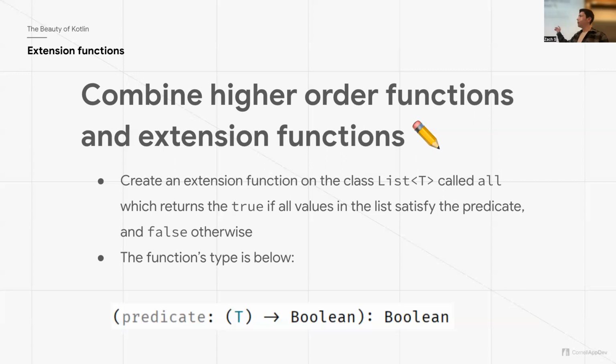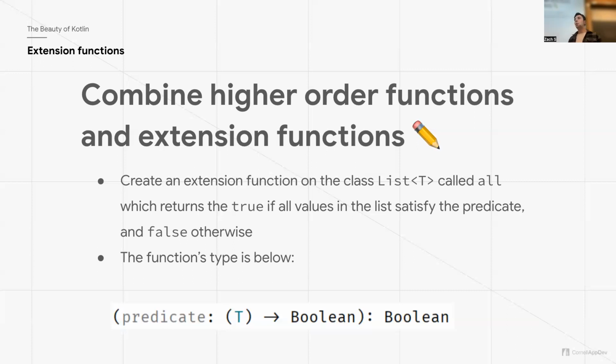And I put the function's type below as a hint. So this is what the type of your function should be. It should take a predicate, which is of type T arrow Boolean, right? So it takes a thing from our list and returns true or false. But then this entire function should return true or false, right?